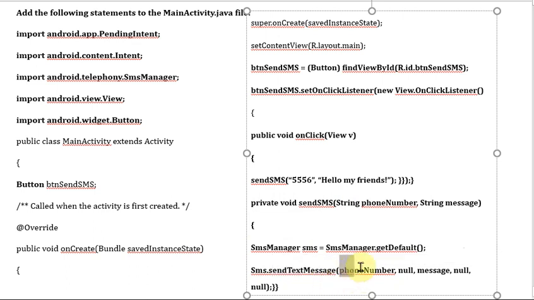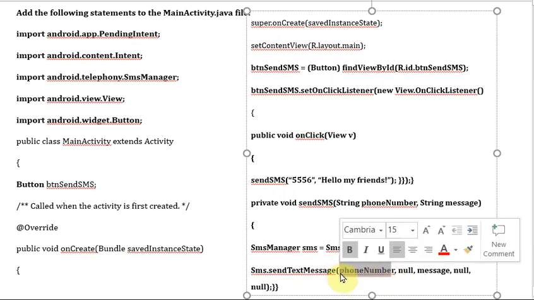For this, you are passing some parameters. These parameters are what is passed to sendTextMessage. You have five parameters here. The first one is the phone number, that is the destination address, the number to which you want to send.